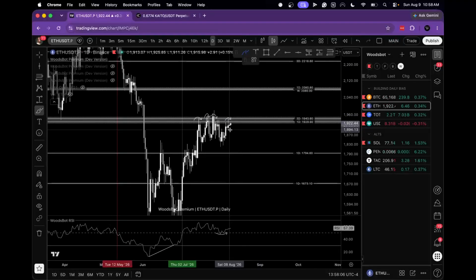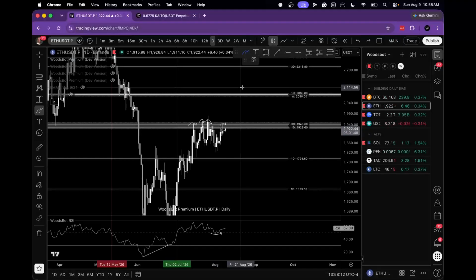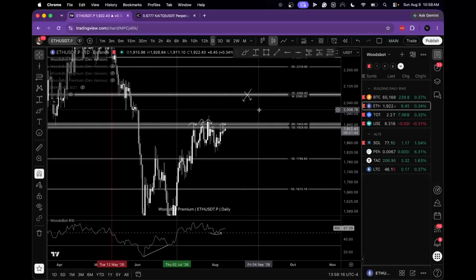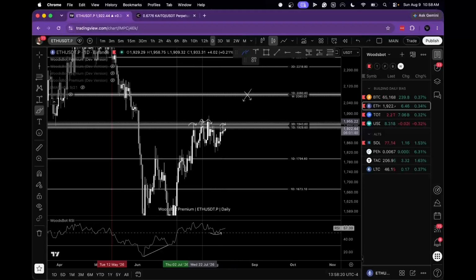If we close any dailies above this area here, we most likely are looking to target up here on higher time frames. Now, this is also the area you would look for that lower high, like I said.